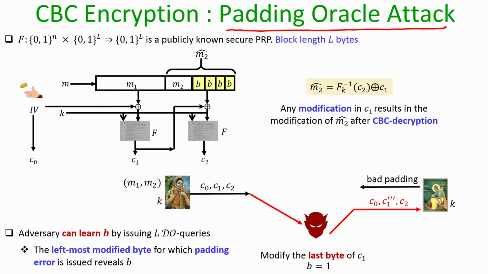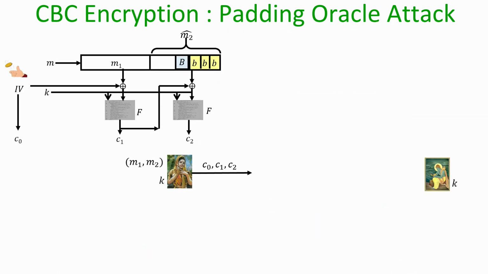And it just waits to see for which of these modified ciphertexts the receiver sends a bad padding message and for which it does not. It turns out that the leftmost modified byte for which the padding error is issued from the receiver side reveals the value of little b, namely the number of padded bytes, and that itself is a breach of security.